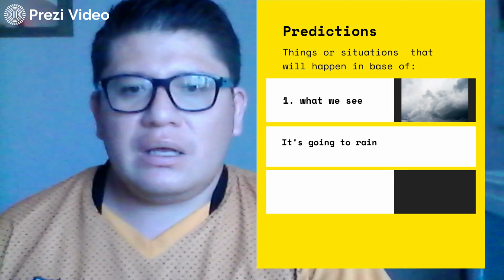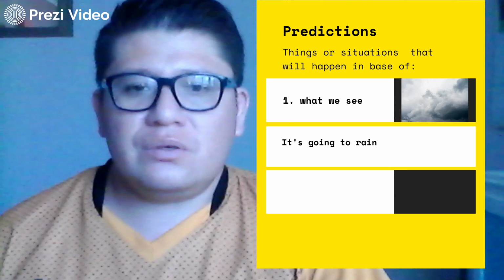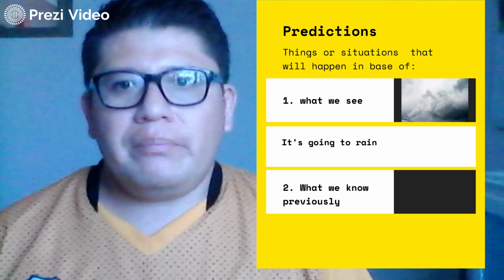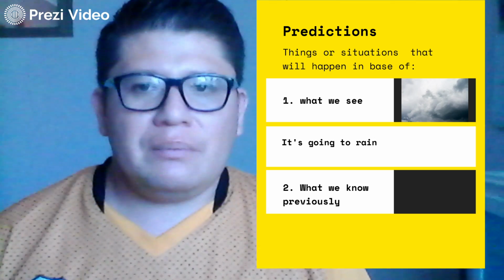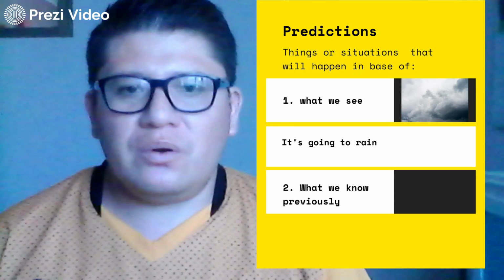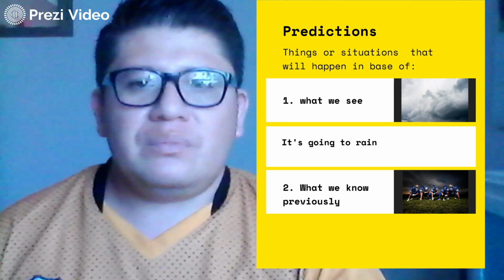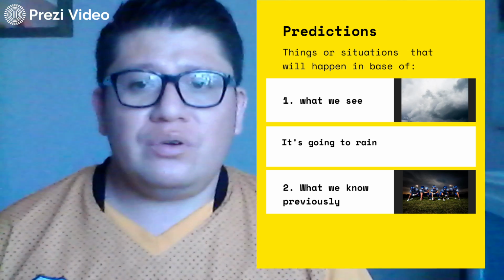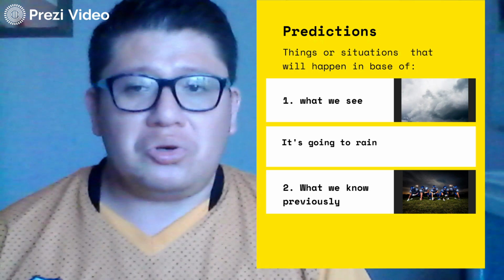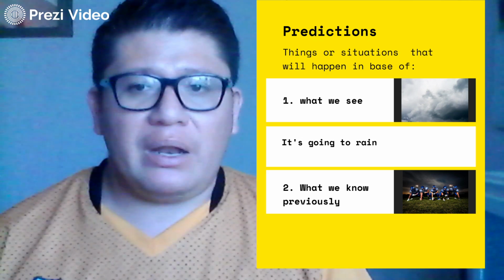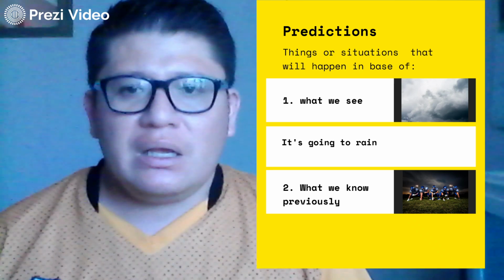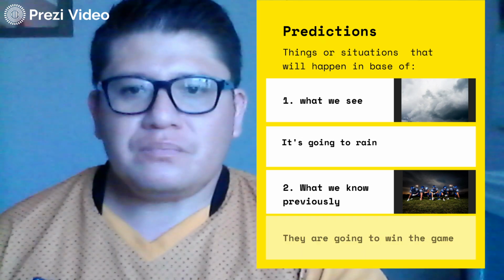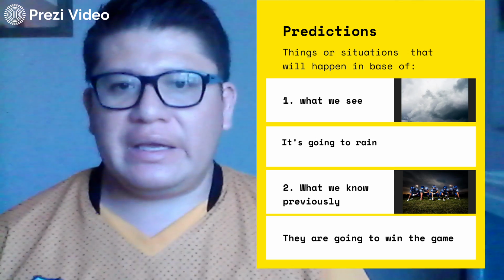Another way that you can predict is based on what we know previously. For example, if you are a sports fan and your favorite team is a good team, they are playing very well in all the games, you can predict, based on what you know, that they are going to win the game.